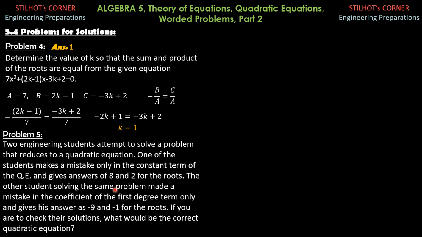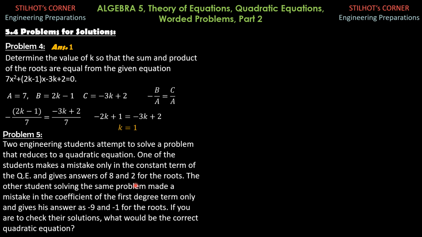So it is clearly stated here that the first student makes a mistake only in the constant term, so c over a. Therefore, the coefficient of the first degree term must be correct. And therefore, we use these answers for the roots for the sum of the roots because it does not involve the constant term, which is c.